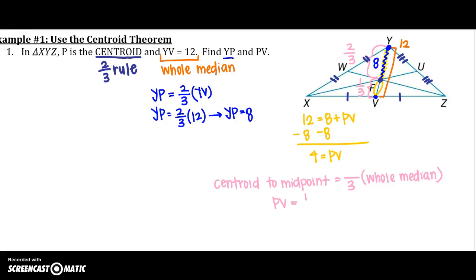We just talked about that. PV is 1/3 the whole segment, which is YV. So PV equals 1/3 of 12, and notice that I get the same answer that I did up top. So it's whatever you see best.